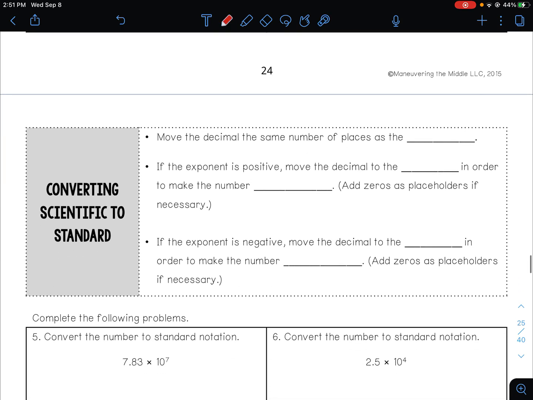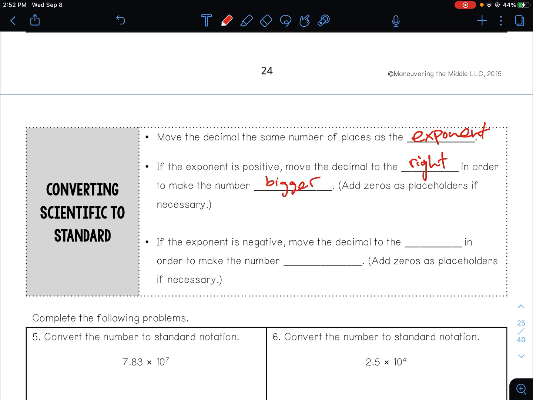Well, you are going to move the decimal the same number of places as the exponent. If the exponent is positive, move the decimal to the right in order to make that number bigger, larger.